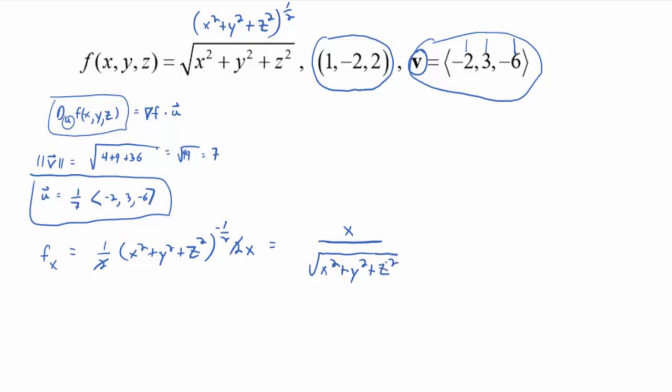The chain rule part of it, where instead of getting 2x, you'll get 2y for f sub y as a factor and 2z when you take f sub z, right? So the numerator is the only thing that's going to change, isn't it? So you don't have to think a whole lot about f sub y. It's going to be y over that square root, isn't it? And then f sub z will be z over that square root.